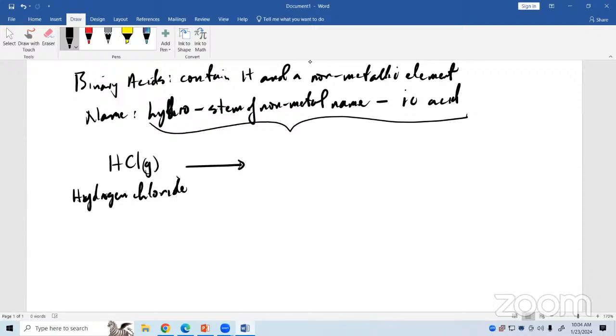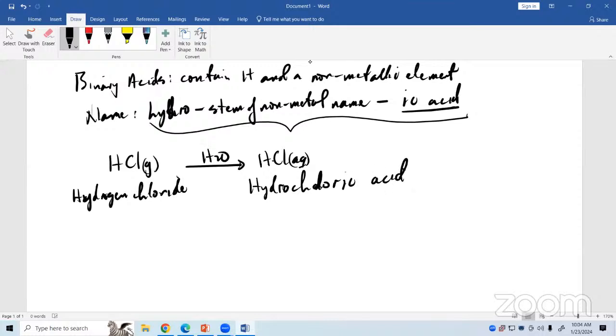Now, if you add this to water, you're going to end up with HCl, aqueous. And the name of this compound now follows the rules that I just mentioned up here. You start off with hydro, and then the stem of the name of the nonmetallic element, which is chlor, and then end with ic acid.